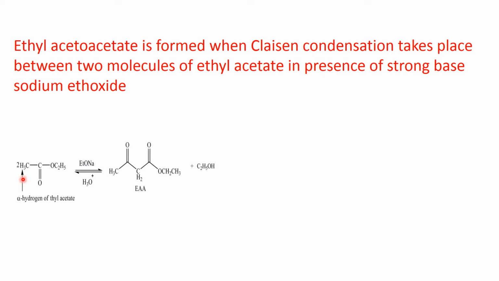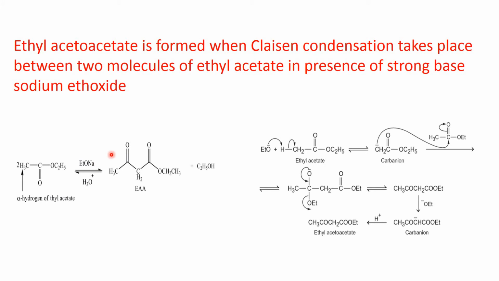From one molecule of ethyl acetate, carbanion is formed when it is treated with the strong base sodium ethoxide, and now this carbanion condenses with another molecule, and finally it forms the beta keto ester ethyl acetoacetate. This is alpha position, this is beta position, keto group is there.